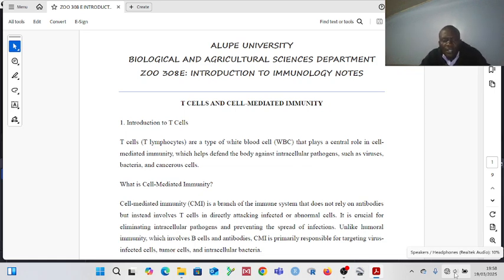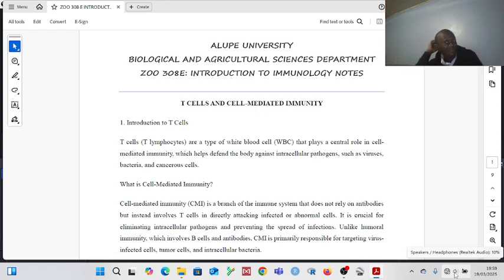So we'll begin by trying to introduce ourselves to what T cells are. T cells, otherwise called T lymphocytes, are a particular type of white blood cells which play a central role in cell-mediated immunity.